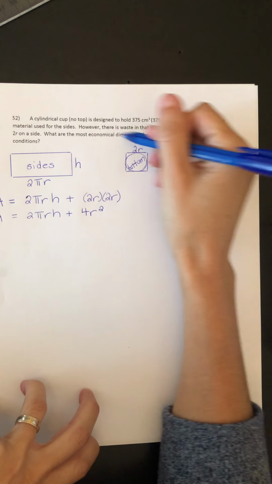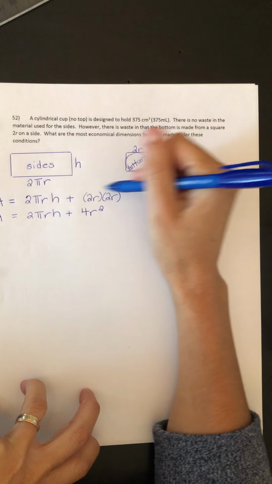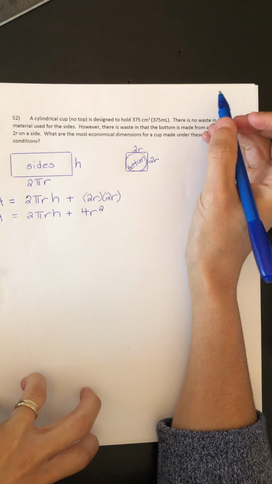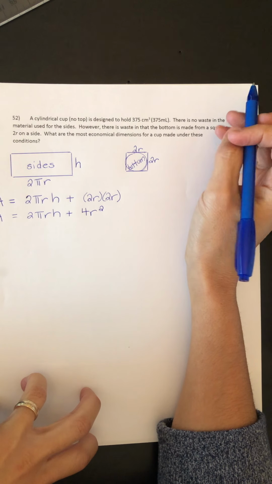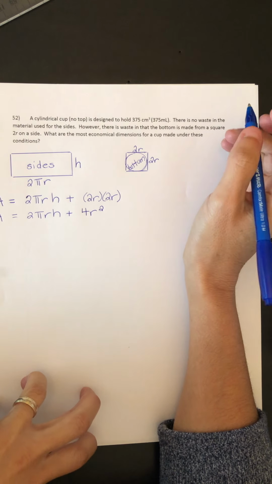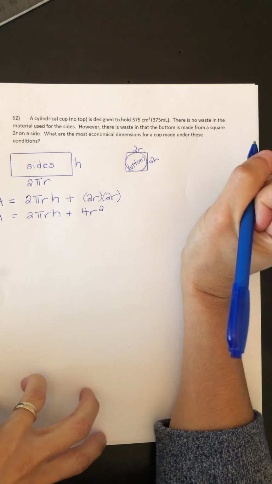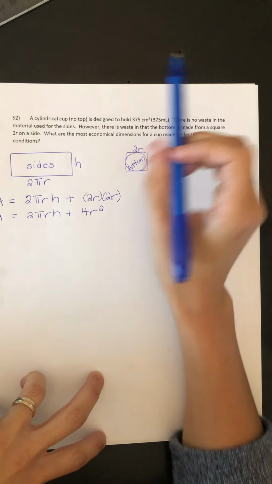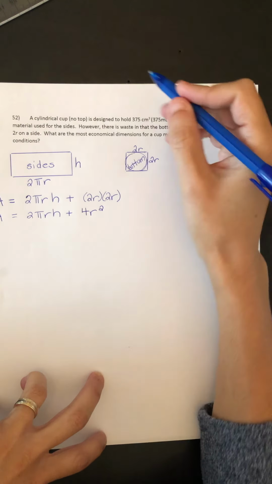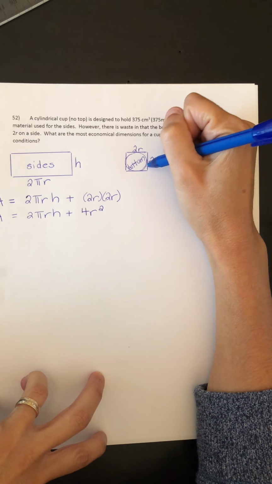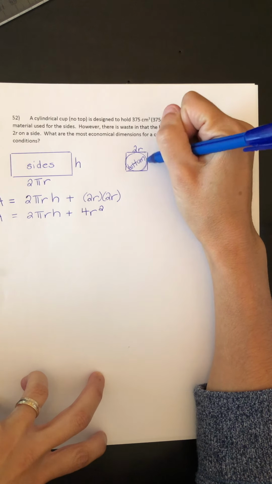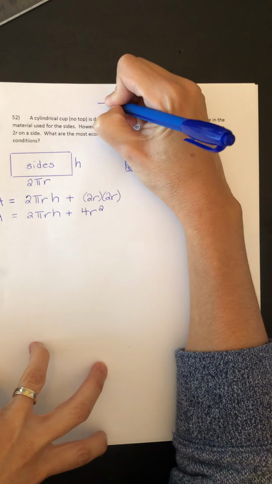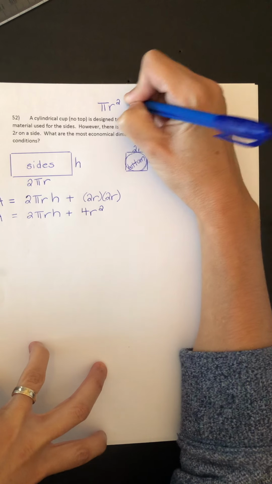What is the volume of this cup? Its volume is given by the area of the base of the cup multiplied by its height. So what will the area of the base be? Of the cup, that means once these little scraps are thrown out, we have the bottom. Its area is pi r squared.